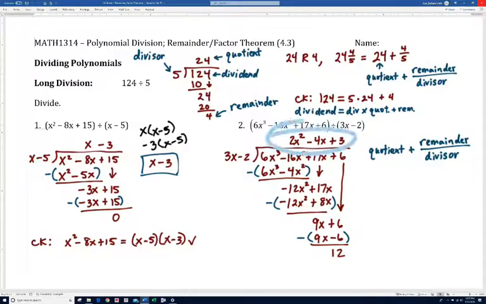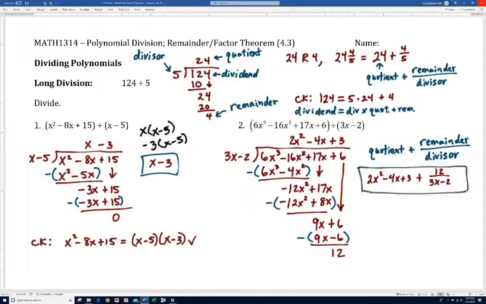Our quotient is 2x squared minus 4x plus 3 plus our remainder, which is 12, over what we were dividing by, our divisor, 3x minus 2. Now I just want to warn you, when you're doing the problems in this book, this is the way we normally write answers, but they're having you just tell them the quotient and the remainder, so you may have to write your answers this way.